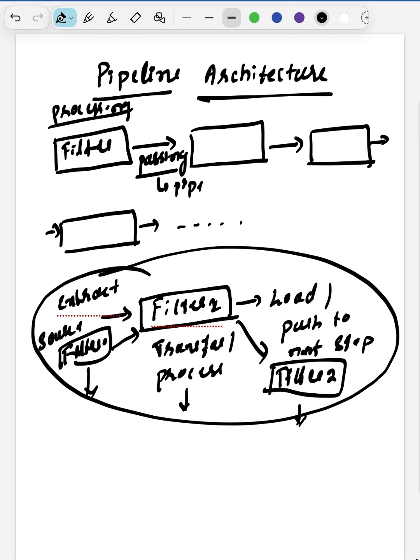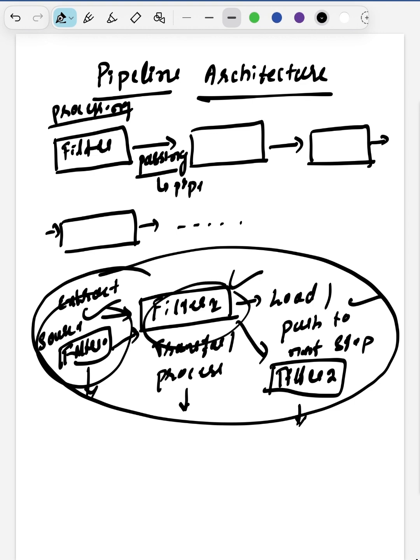Now, if you notice what has happened, extract is one filter, transform is one filter, and load is another filter. Each one does exactly one job, only its job, and each one passes its output to the next pipe.